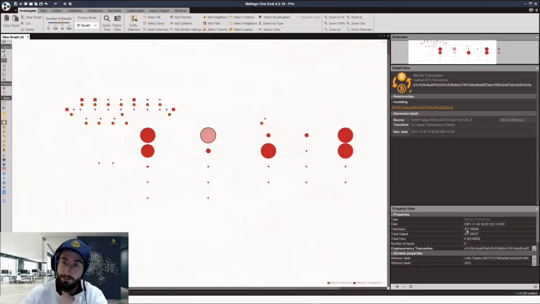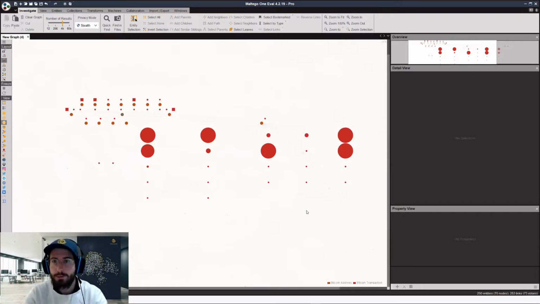So 421 Bitcoins, that is a gigantic amount of money. Here again, 270 Bitcoin, 260 Bitcoin. Here we have 70 Bitcoins, 660 Bitcoins, 106 and almost 400 Bitcoins. There's no need to look at all these transactions.